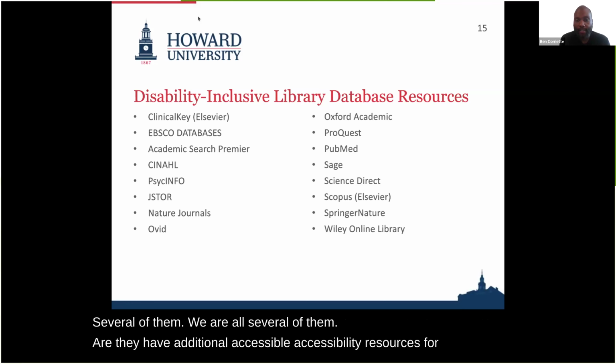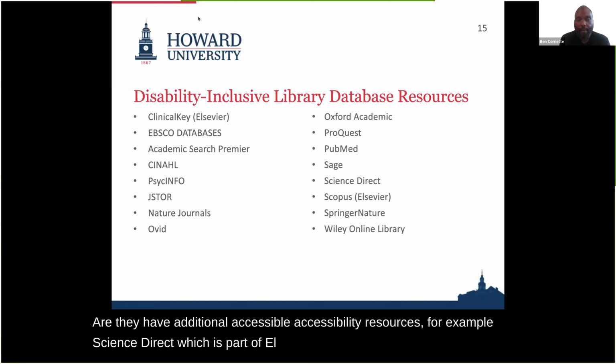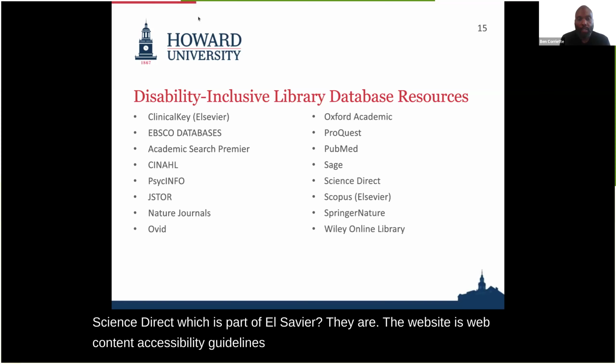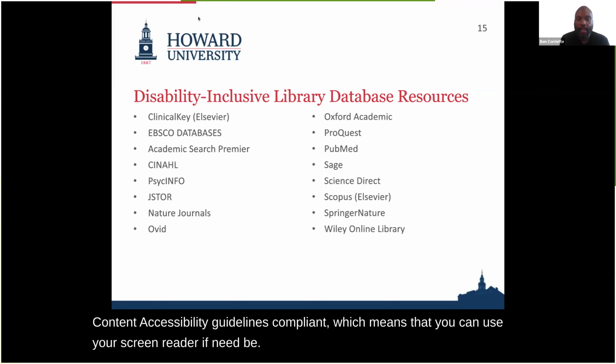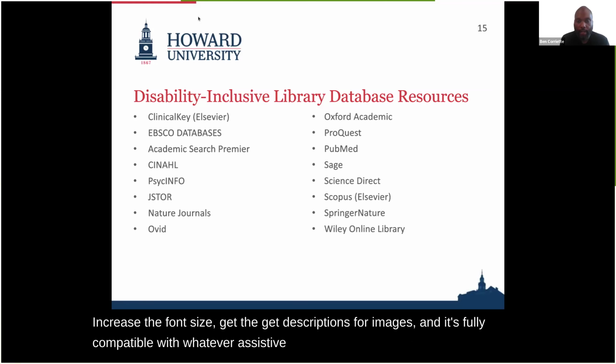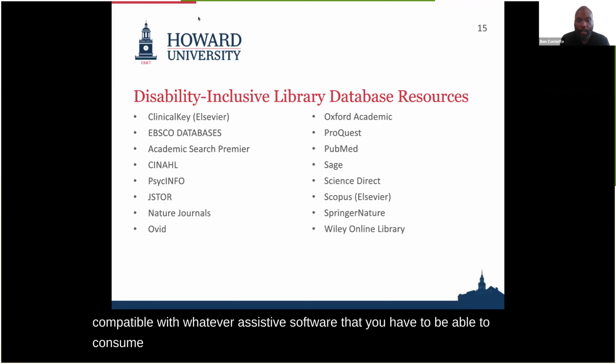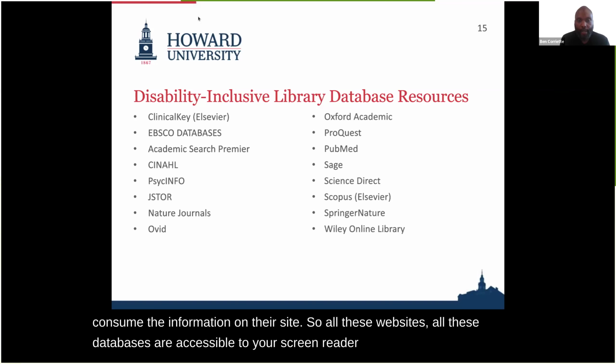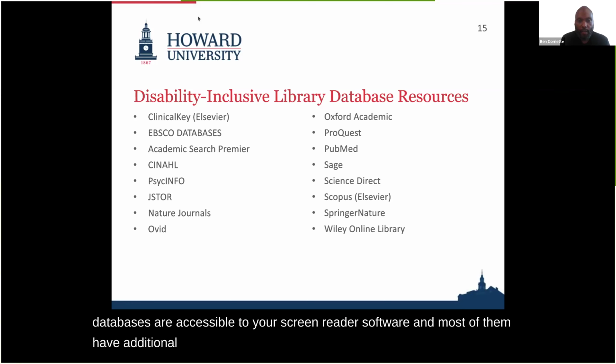For example, Science Direct, which is part of Elsevier, the website is Web Content Accessibility Guidelines Compliant, which means that you can use your screen reader if need be, increase the font size, get descriptions for images, and it's fully compatible with whatever assistive software that you have to be able to consume the information on their site. So all these databases are accessible to your screen reader software, and most of them have additional features that are available to whatever assistive technology that you may use.